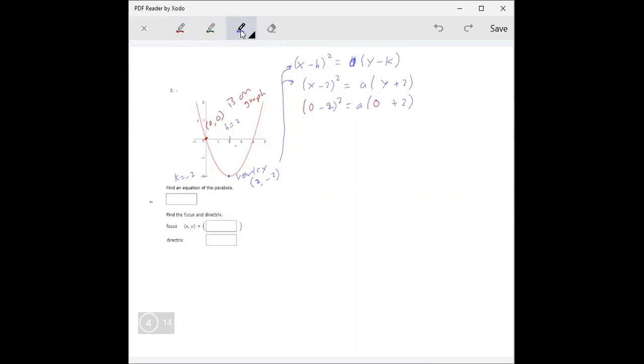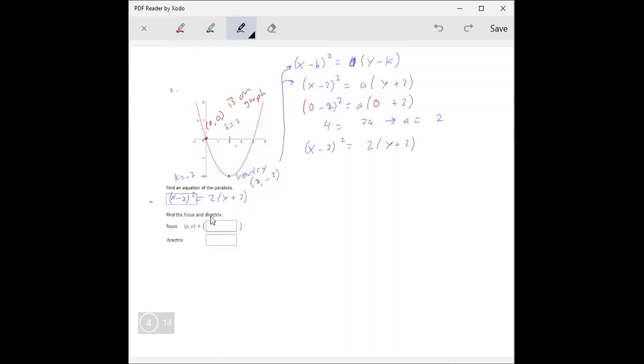So over here I get 4, and this is 2a. So that means that our a is 2. And that would be the equation of the parabola. Okay, so that should work right there.